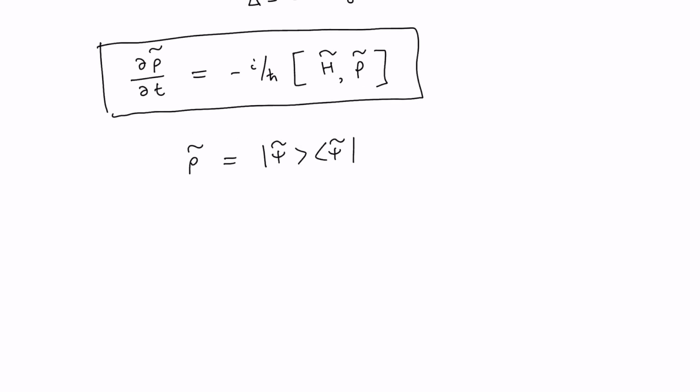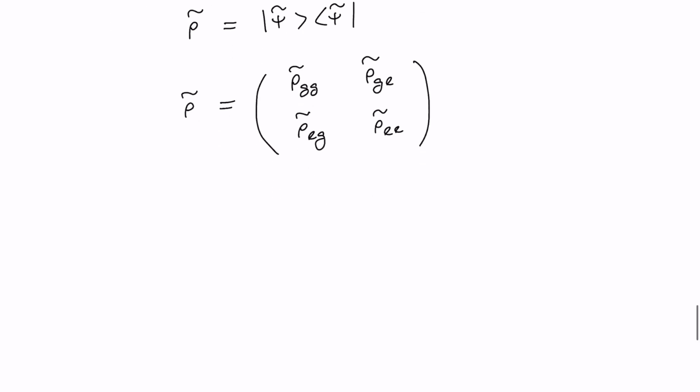Let us work out the equation of motion for each of the density matrix elements. Let me write the explicit form of the density matrix ρ~: ρ~_gg, ρ~_ge, ρ~_eg, and ρ~_ee. And this operator H~, which is the Hamiltonian, in the matrix form is going to be ħ.